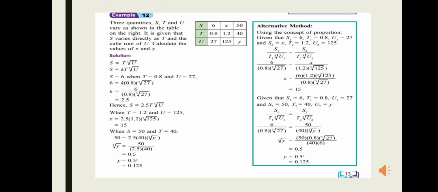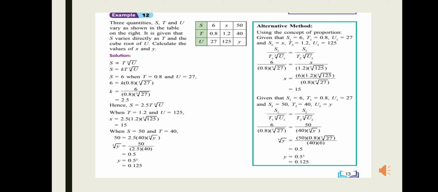By using the formula that we gained just now, let's find the value of X when T and U are given. After the calculation, you may gain X is equal to 15.